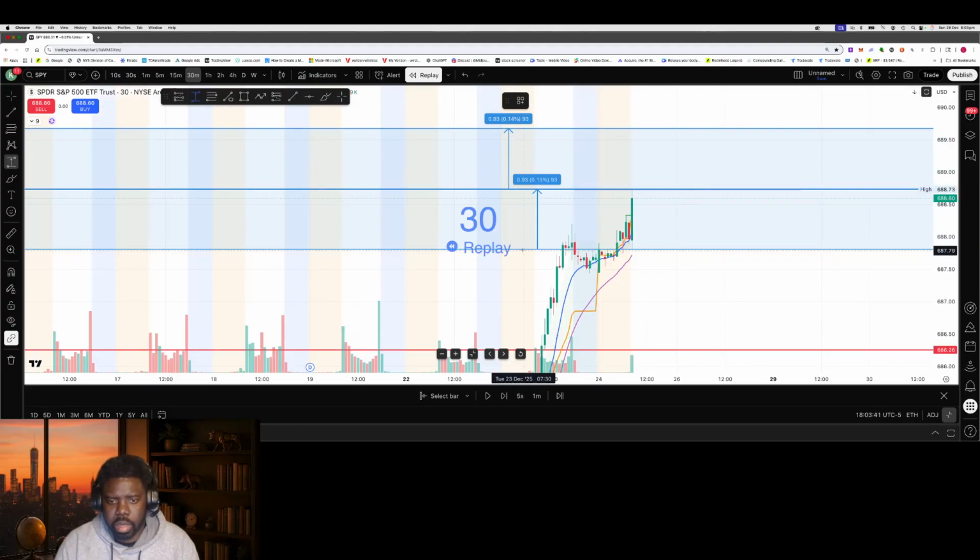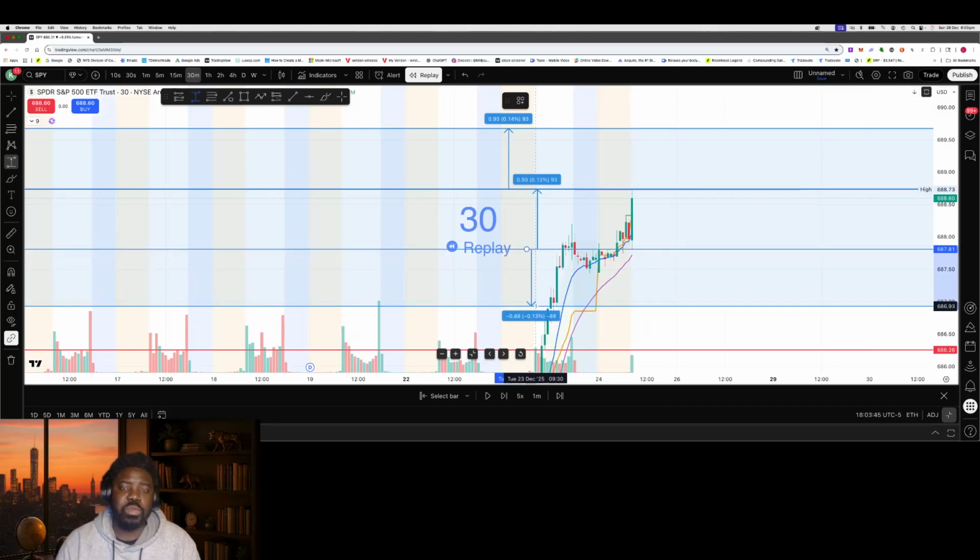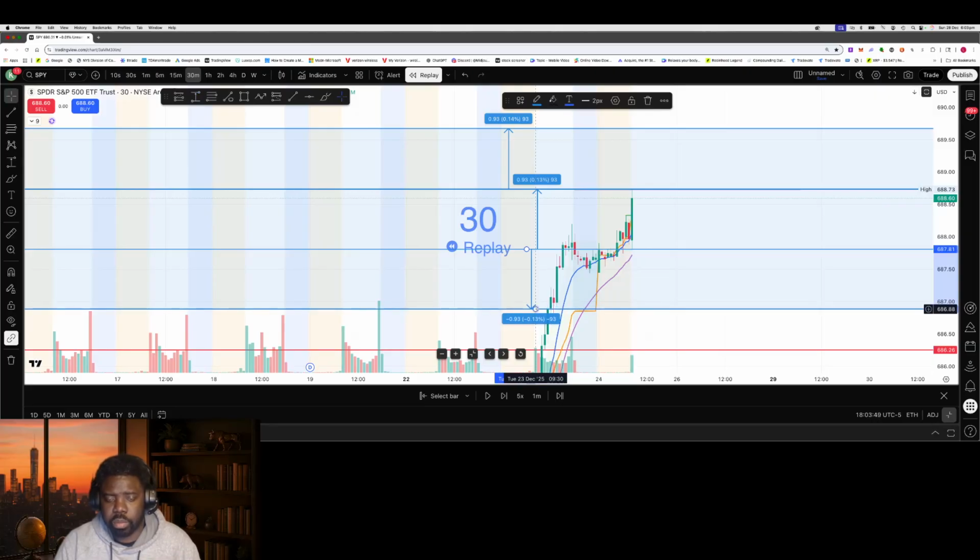And I also typically do the bottom as well. The reason I do both sides is because I don't know where the stock is going. So I will put it on both sides and see exactly what happens. That's all I do for the first 30 minutes. This is the only thing I'm doing in the 30 minutes. I just have the range.